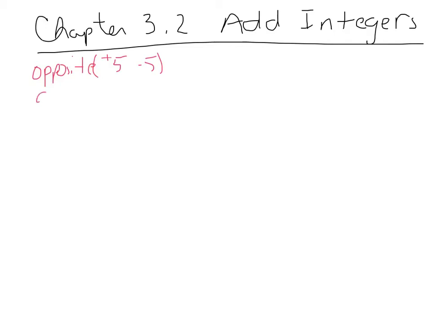Additive inverse is a property that says when you add two opposite numbers, you get a 0. So if you add, let's say, -6 plus 6, you're always going to get 0. So when you have opposite numbers and add them together, you get a 0.